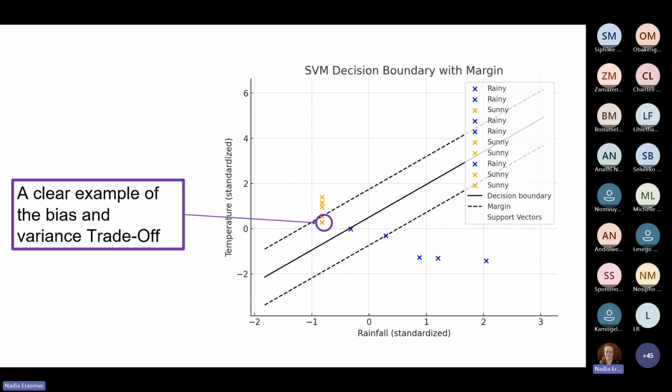So in this case, we have one of the sunny temperatures that is too far inside of the margin. So in this hyperplane, we're going to have to look and see what's happening there, because it might be that in this case, temperature and rainfall, it was a very hot day and there was actually a thunderstorm.